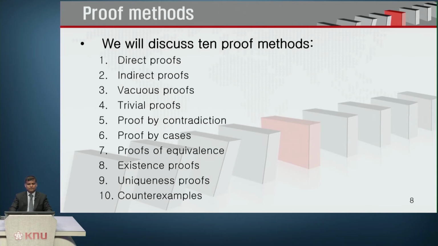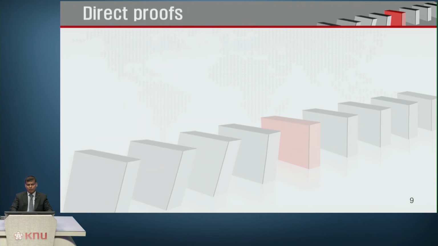We'll first start with the direct and indirect proof, then we'll talk about Vacuous proof, trivial proof, proof by contradiction, proof by case, proof by equivalence, existence proof, uniqueness proof, counter example. So let's see one by one. What is the direct proof?